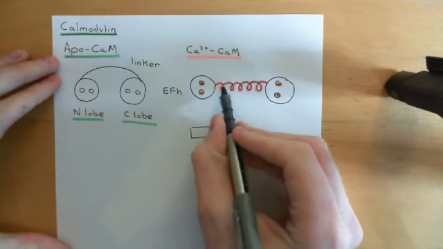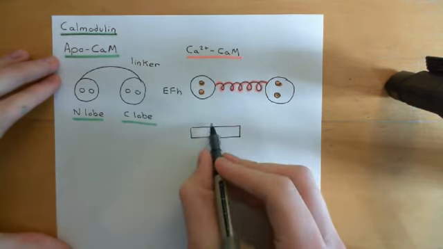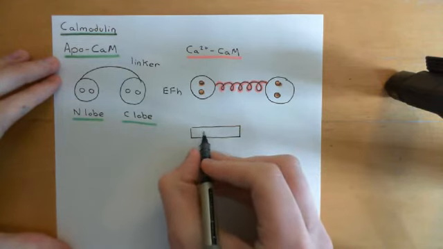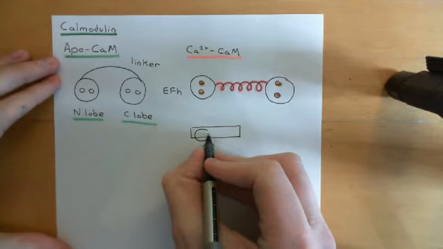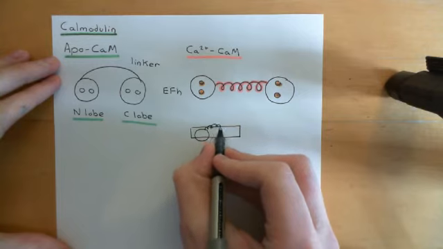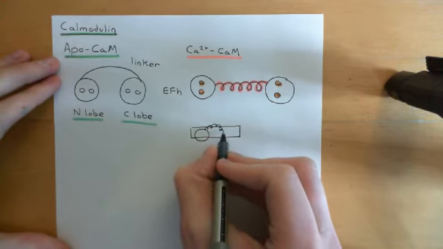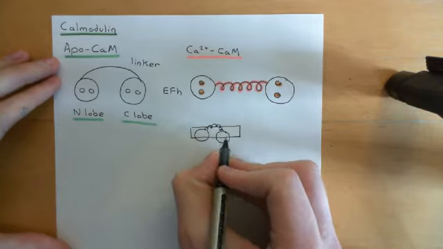Basically, the central helix of a calcium-calmodulin complex is capable of winding around proteins. So potentially we might have something like so. Here is this N lobe of the calcium-calmodulin complex. Then here is the central helix looping around the back. So I'm now showing you what you wouldn't be able to see because it would be behind the back of this portion of this protein. And then we'll have the C lobe maybe down here.